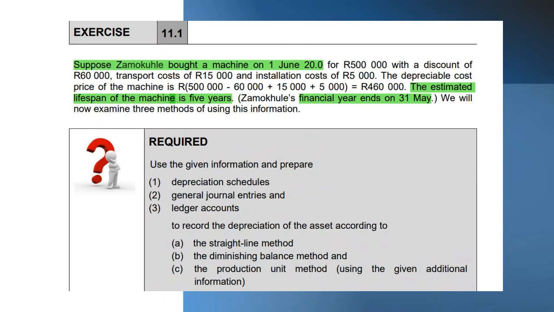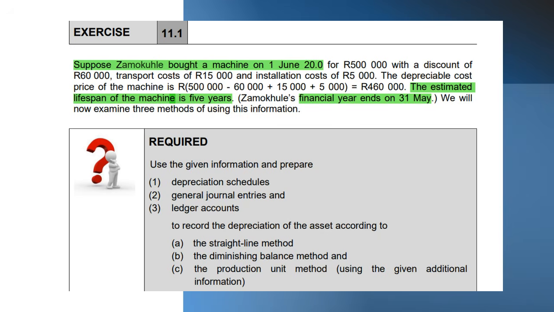So here they are saying, suppose Zamoguhle bought a machine on 1 June 20.0 for 500,000 with a discount of 60,000, transport cost 15,000, and installation cost at 5,000.